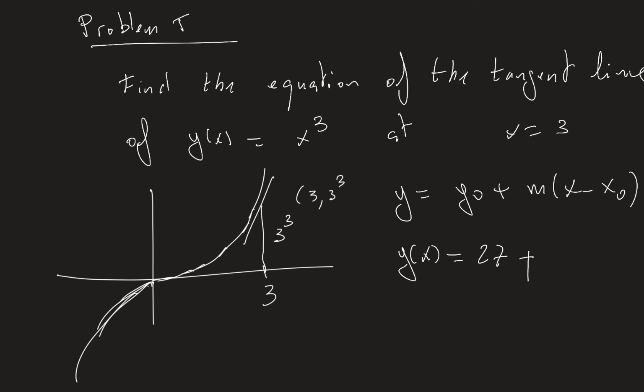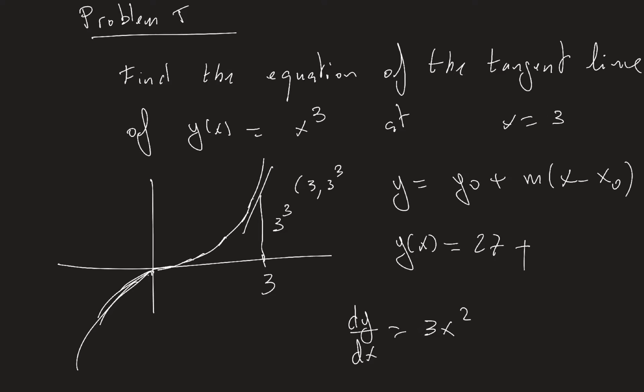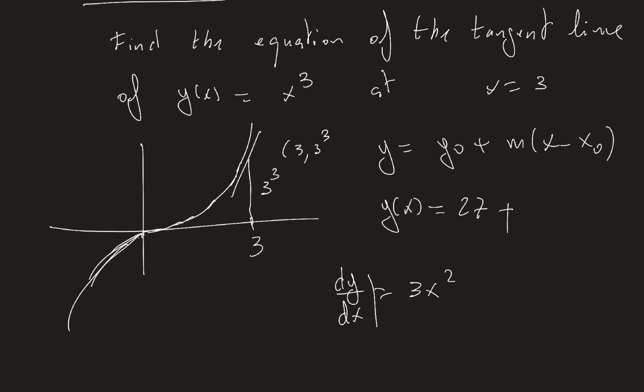Is 27 plus the slope. What is the slope? The slope, the derivative of y with respect to x, is 3x squared. And the slope at the point x equals 3 is 3 multiplied by 3 squared, or 3 cubed, also 27. So the slope and the height in this case are the same.